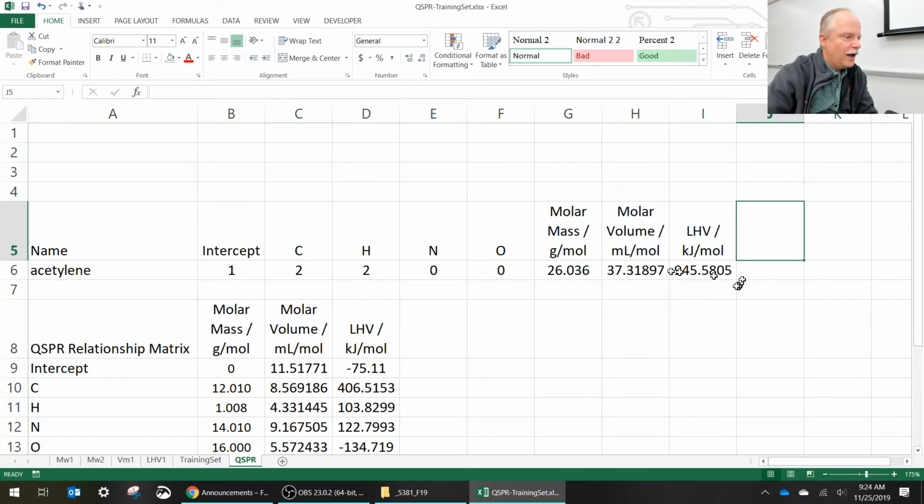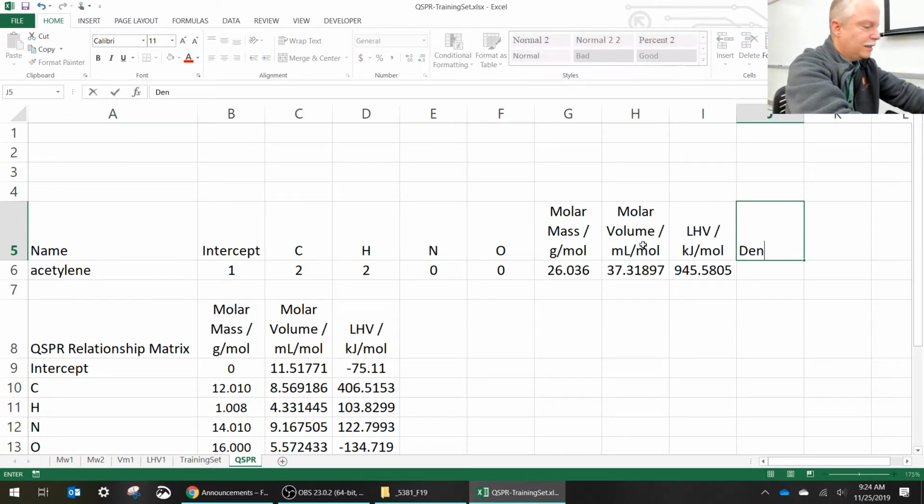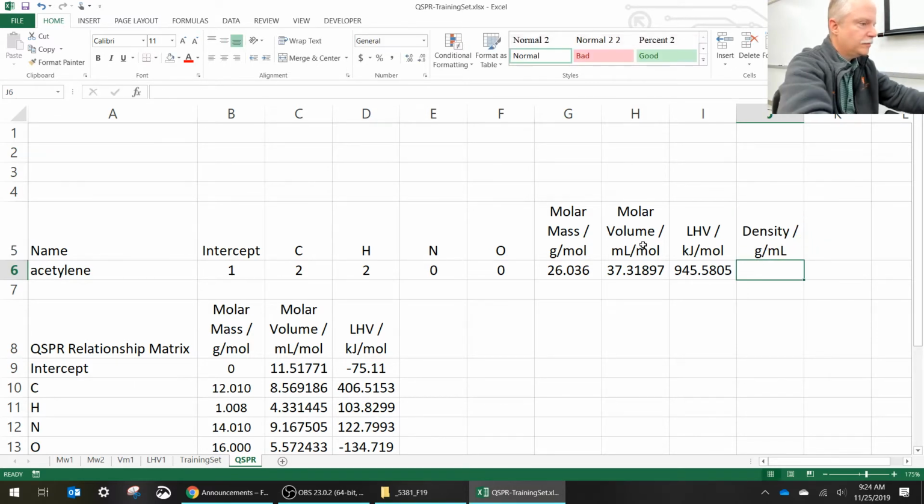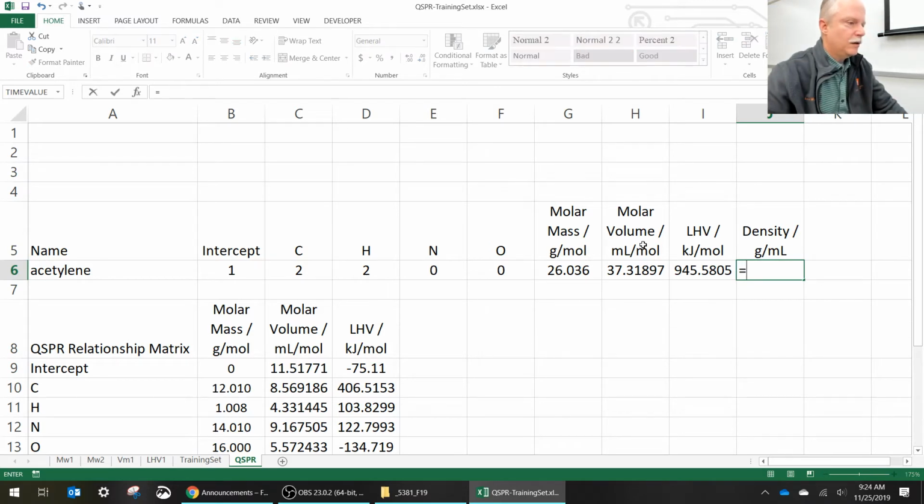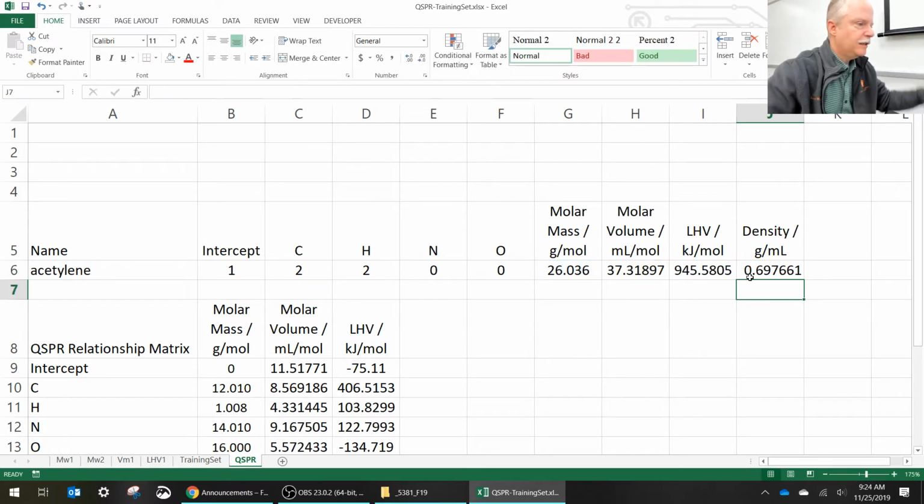And so what do we have? If we've got the molar mass and the molar volume, we could take the ratio of those and get the density. Okay, so let's make a density here. Density equals molar mass divided by molar volume. And so there's our density.